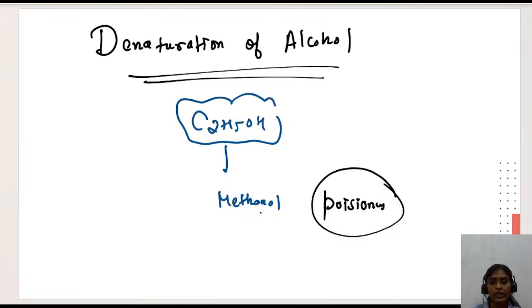Poison first of all. Second, what we are adding is CuSO4, copper sulfate. Just because of this, there is a color, a little bit bluish or pinkish-bluish kind of color. So this is responsible for the color.